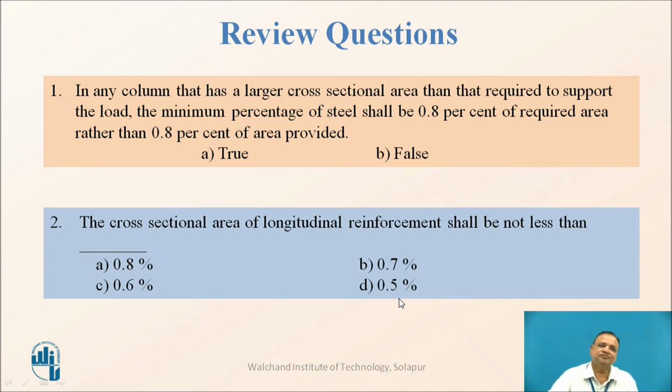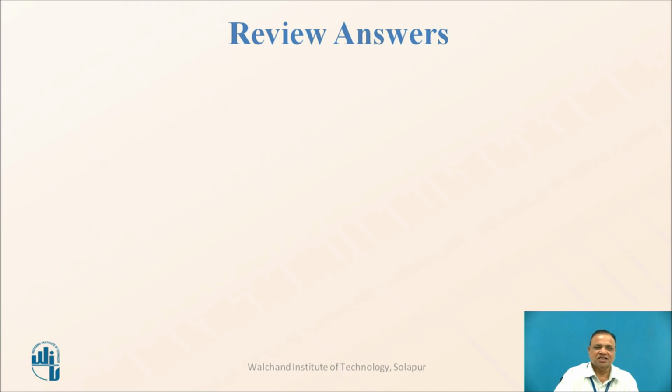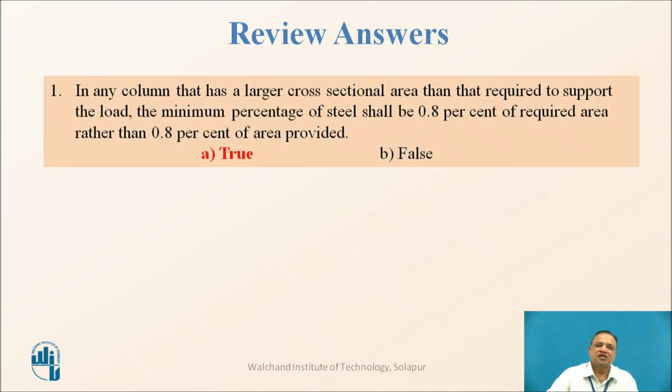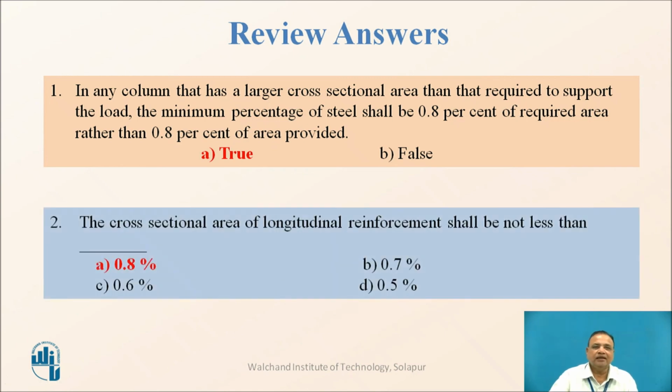Just guess it. If your judgment is right, the first answer is true, the statement is true. And the second, it is 0.8% of the cross-sectional area we are supposed to consider as minimum reinforcement required.